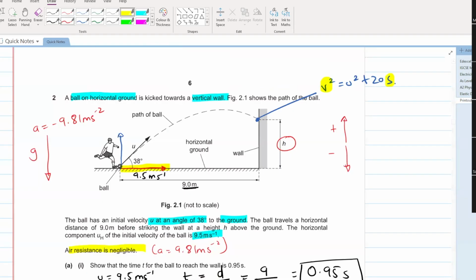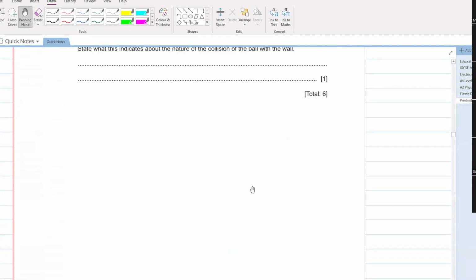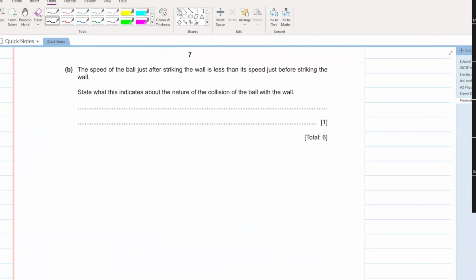Okay. Now, what is the examiner saying? Let's say this is a wall, and let's say the ball was hitting the wall with a velocity of 6 m s^-1. It is rebounding with a lesser speed, 4 m s^-1.